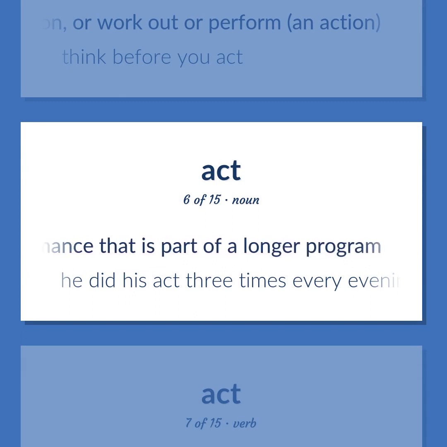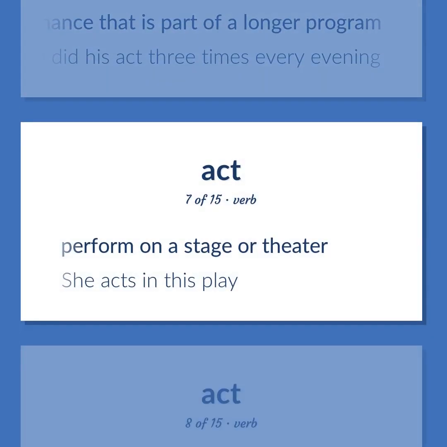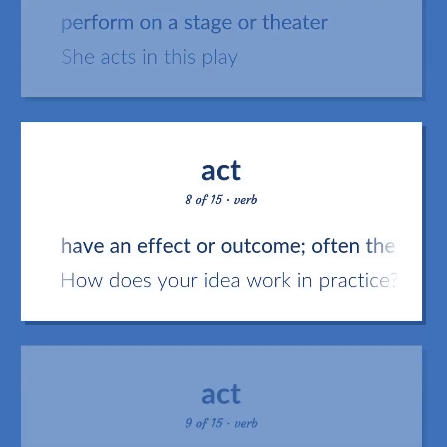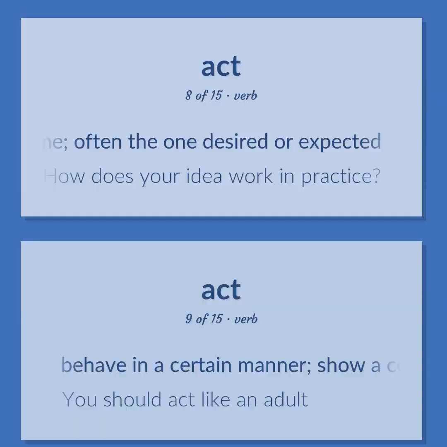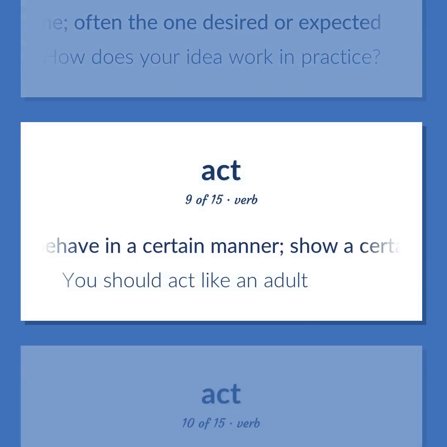He did his act 3 times every evening. Perform on a stage or theater. She acts in this play. Have an effect or outcome, often the one desired or expected. How does your idea work in practice? Behave in a certain manner.